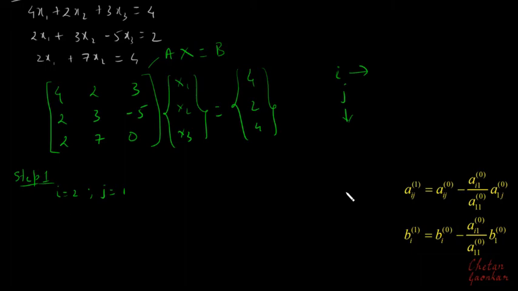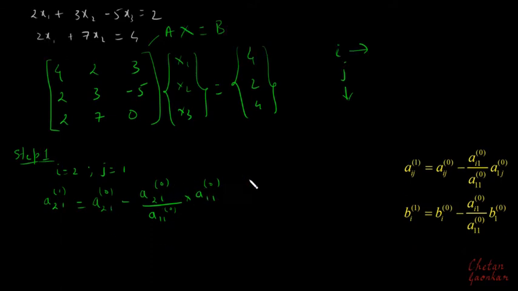So basically what we are trying to do now is, a21 superscript 1 is equal to, this 1 stands for the new term which we will be getting now, and 0 stands for the original values which are already there. So the new a21 term will be equal to the old a21 term, which is the initial term, that is 2, minus a21 original divided by a11 original, multiplied by a11 original.